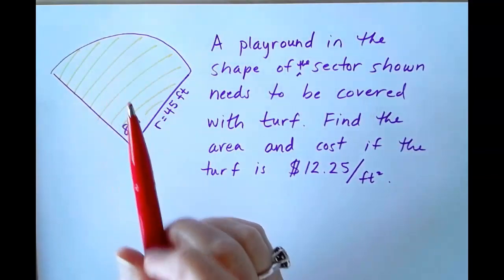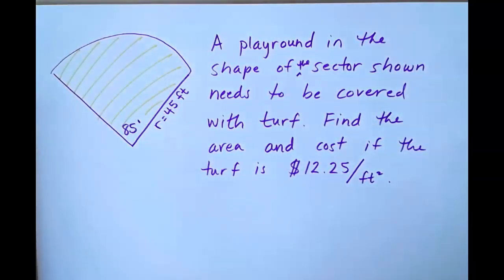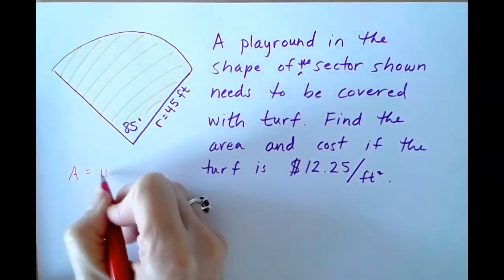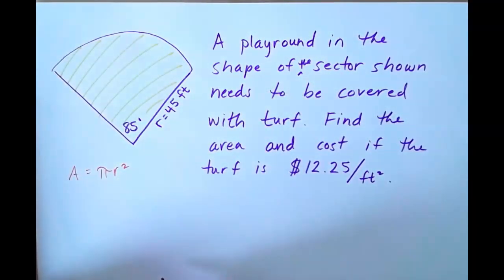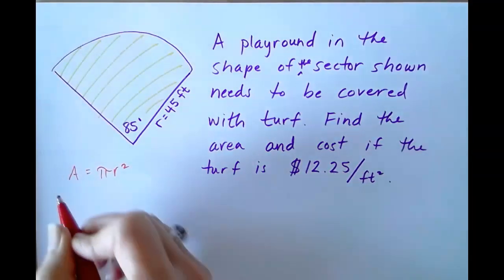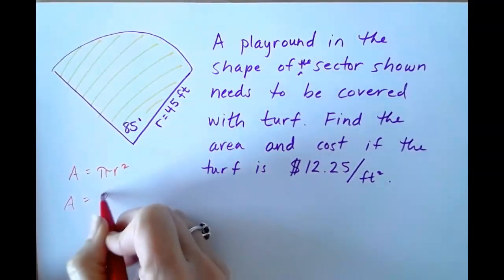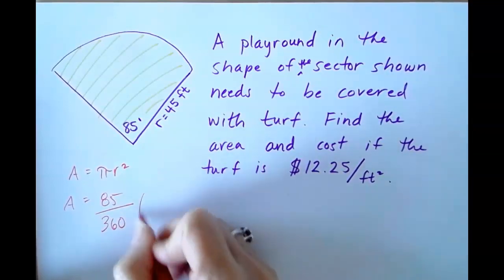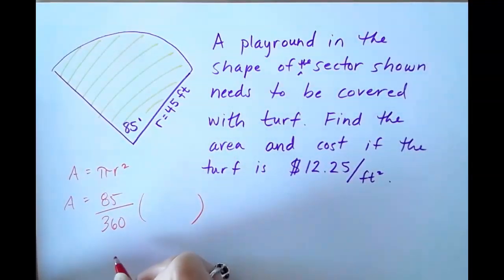And in order to do that, we're simply going to have a fraction of the total area of any circle. So if the area of a circle is pi r squared, then our sector is going to be 85 out of 360 times pi r squared.